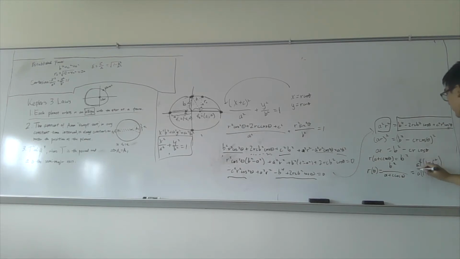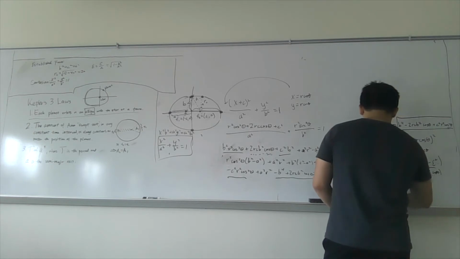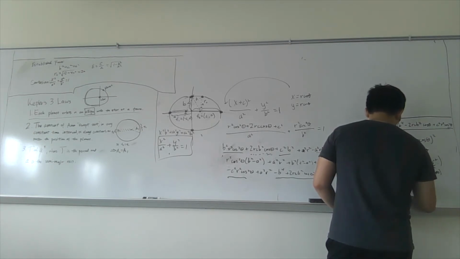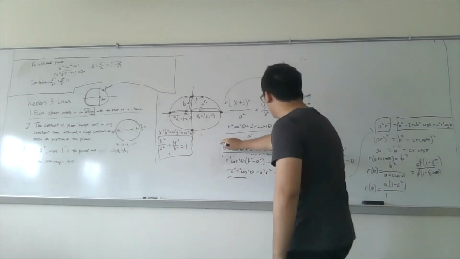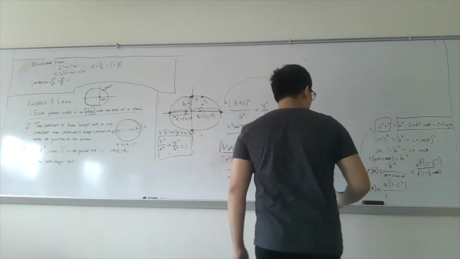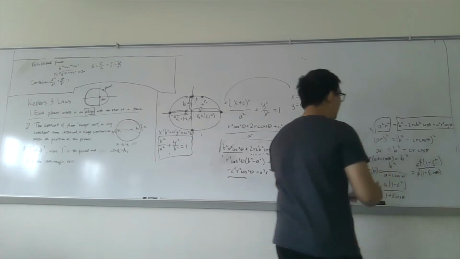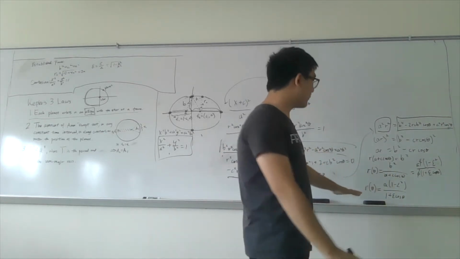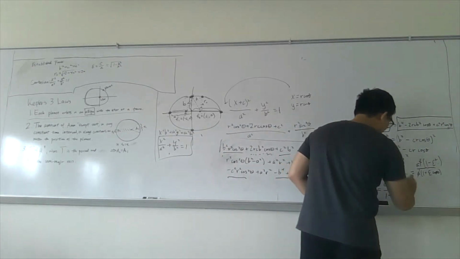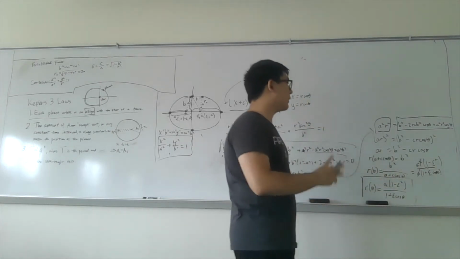We can cancel out these two a's, and we get a very nice, or it looks a bit funky. It is a bit funky, but it's much nicer than whatever this was. We just get this one here. And this is a form of ellipse that we will use in our proof of Kepler's first law.